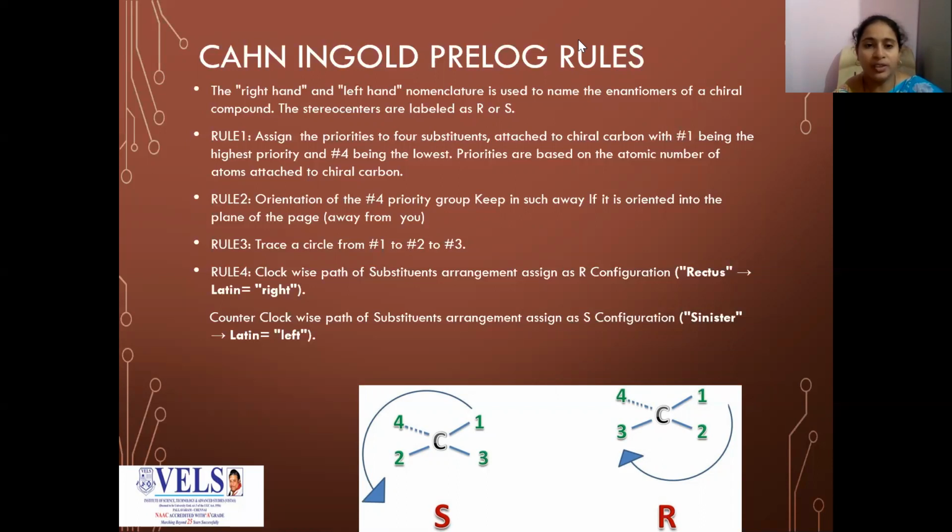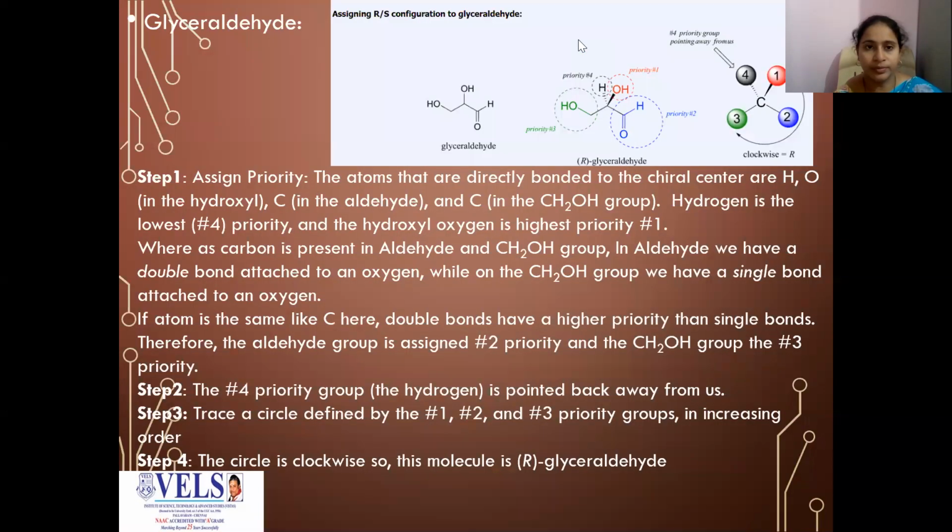Whereas when the path is in a counterclockwise direction, then assign the configuration as S. S means sinister, and in Latin it means left. So you can see both the representations in the diagram. Clockwise direction is called R, and anticlockwise direction is called S respectively. We are going to discuss this configuration with the example of glyceraldehyde.